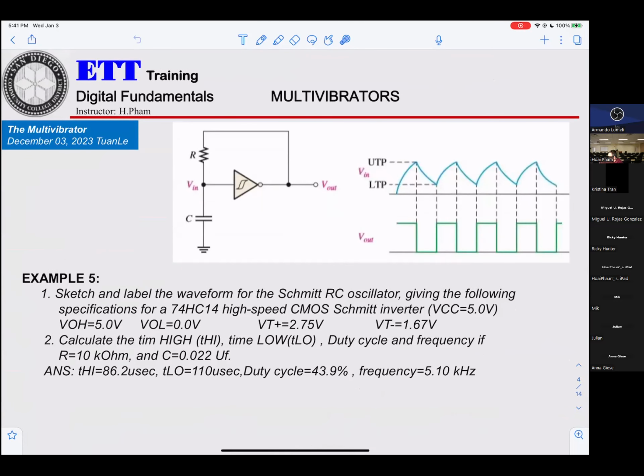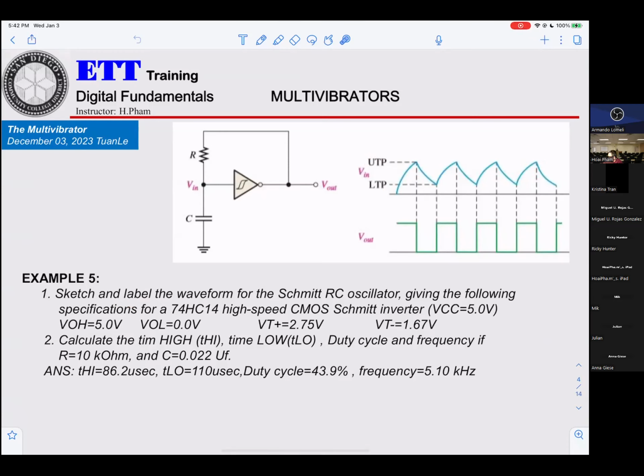Okay, now you can see, for example, this is the circuitry. They give you this signal, and this is the lower, this is the higher.